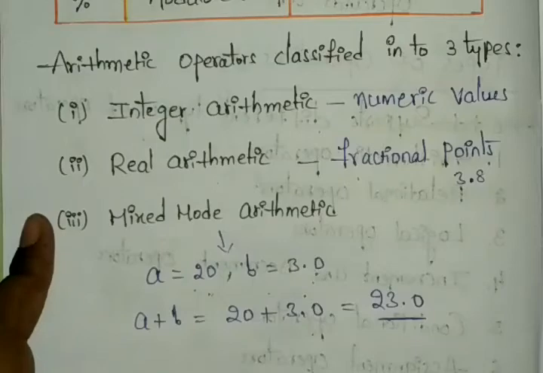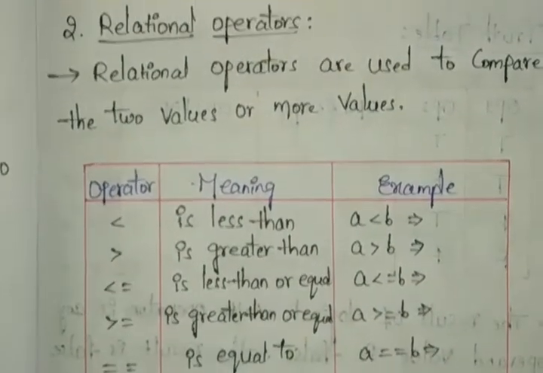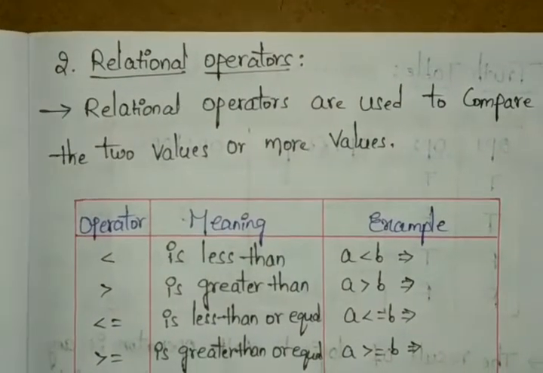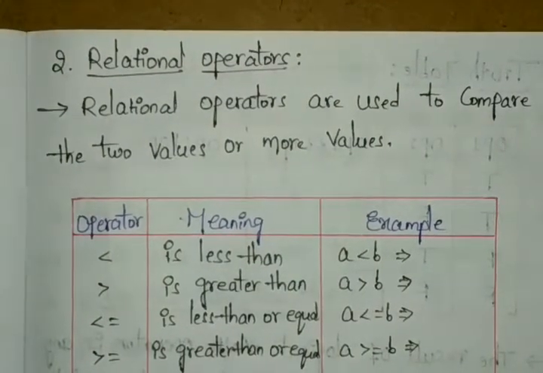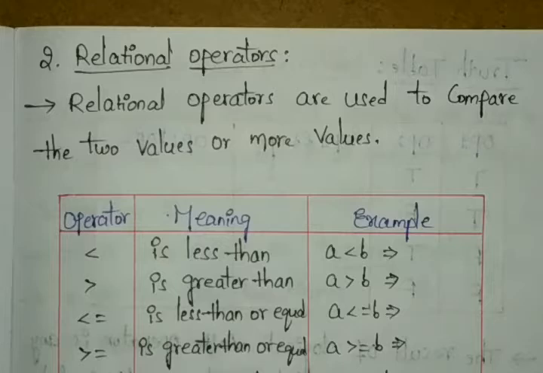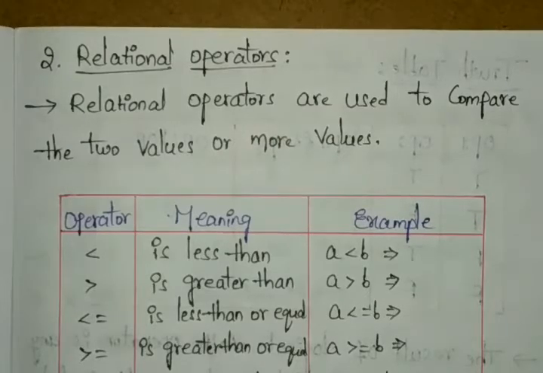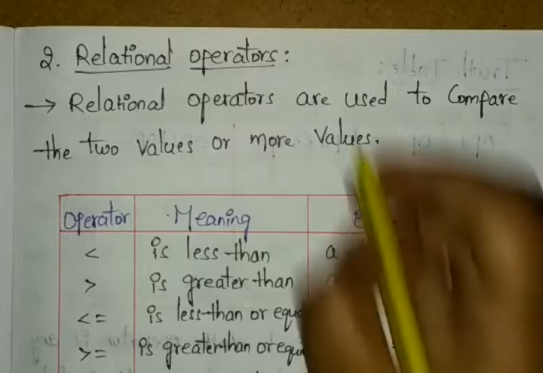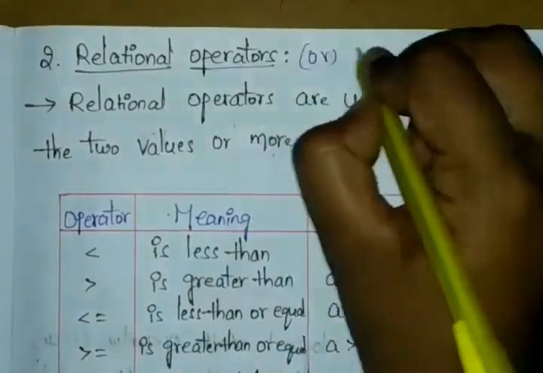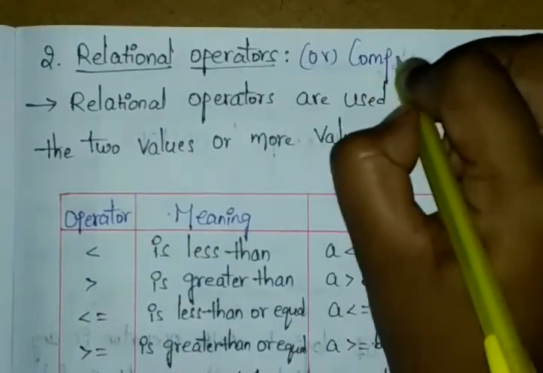And next here we have the second one, that is the relational operators. Your relational operators are used to compare two values or more values. Also we can call these relational operators comparison operators.